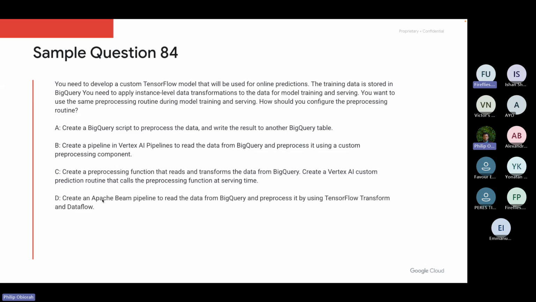So create an Apache Beam pipeline, and then it's using TensorFlow Transform. So here we're doing batch processing during training. We're using TensorFlow Transform on Dataflow via Apache Beam, right?